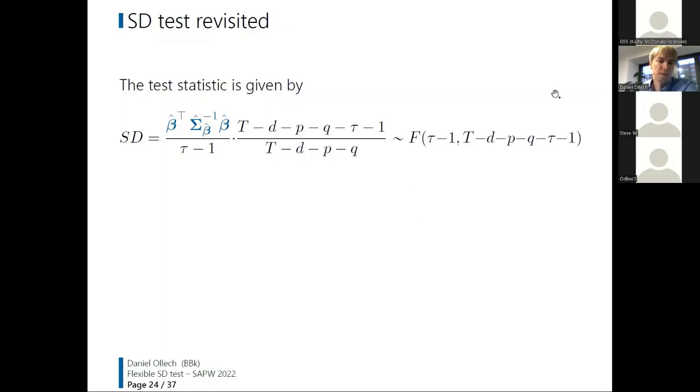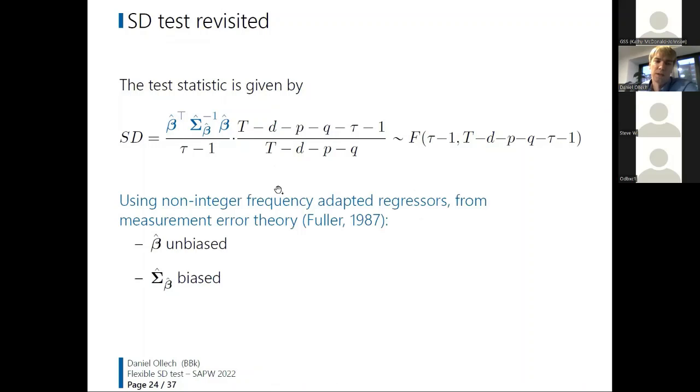So in each case, again, the test statistic is given by this, where the part that interests us the most is the betas and the variance matrix. And from measurement error theory, we may assume that the betas probably are unbiased, but the variance covariance matrix may be biased.